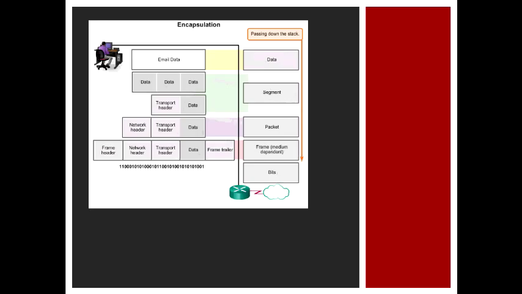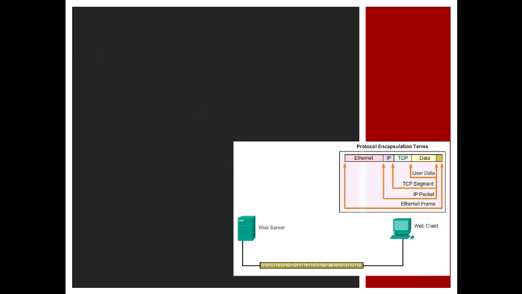During encapsulation, each succeeding layer encapsulates the PDU that it receives from the layer above in accordance with the protocol being used. The PDUs are named according to the protocols of the TCP/IP suite as shown in the figure: data, segment, packet, frame, bits.